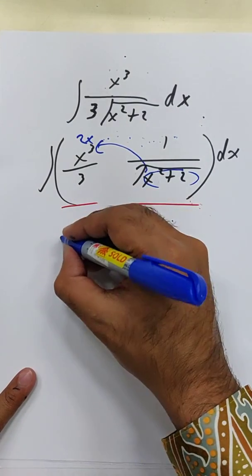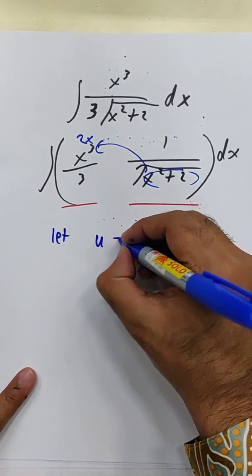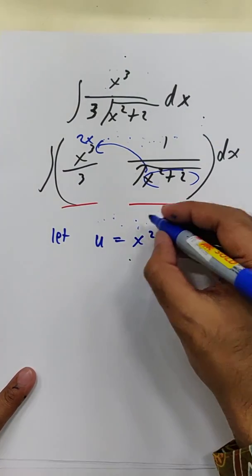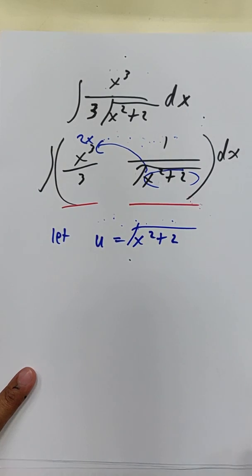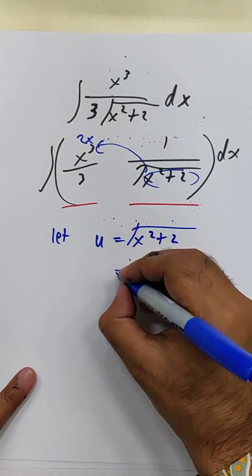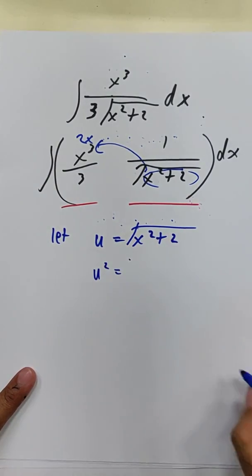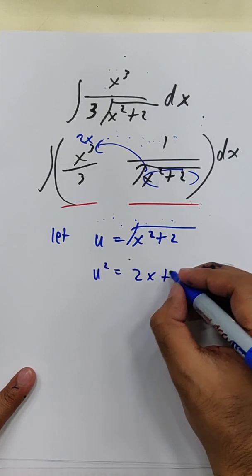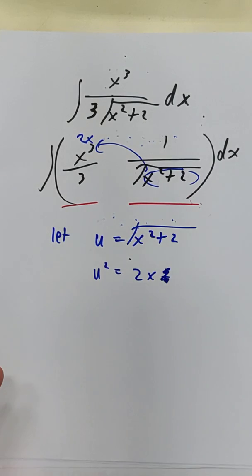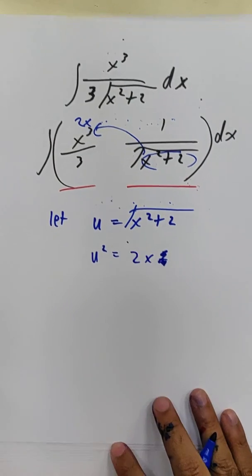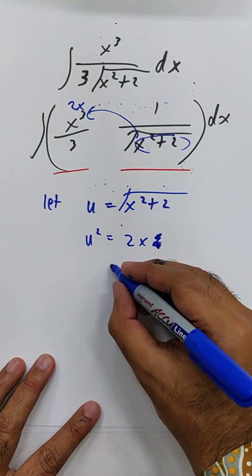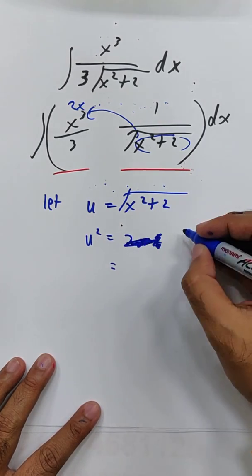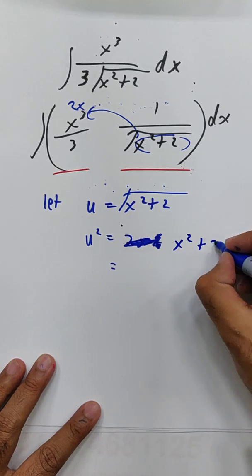So firstly, let u equals x squared plus 2 with the square root. What do you do next? u squared equals 2x plus, no, just x squared plus 2. What do you do from here? Sorry, I mixed my steps.